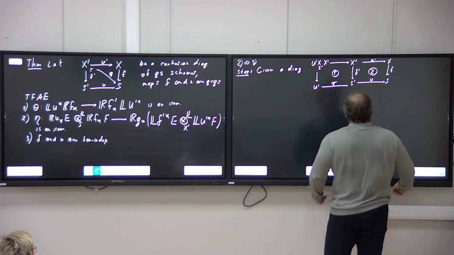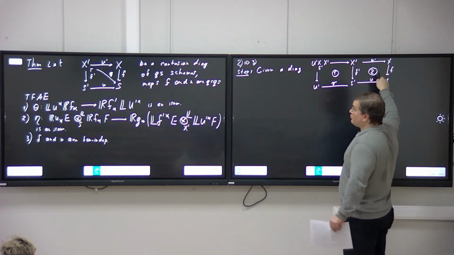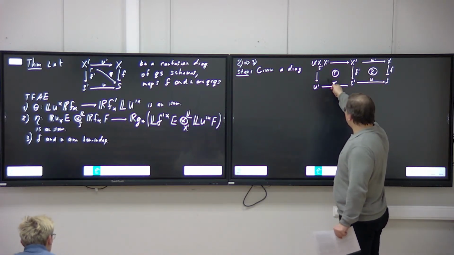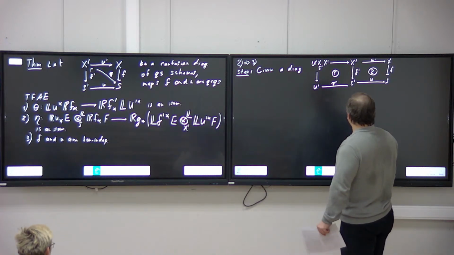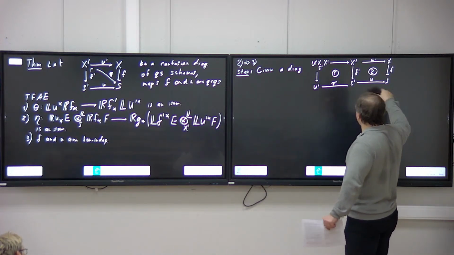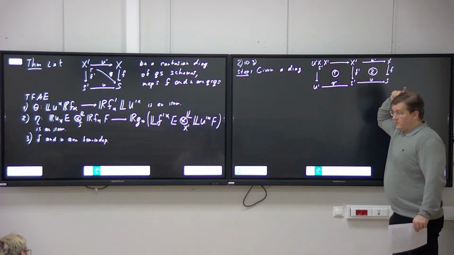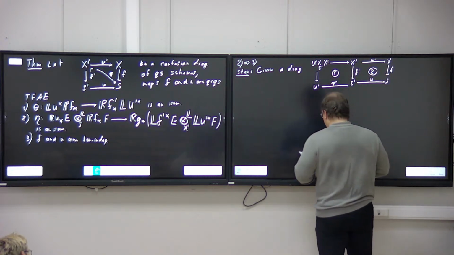So we know by assumption that, as usual, 2 is Cartesian. This is also Cartesian, since I wrote this as a fiber product. So by the general categorical property, the rectangle is a pullback of fiber product. So everything is Cartesian here.